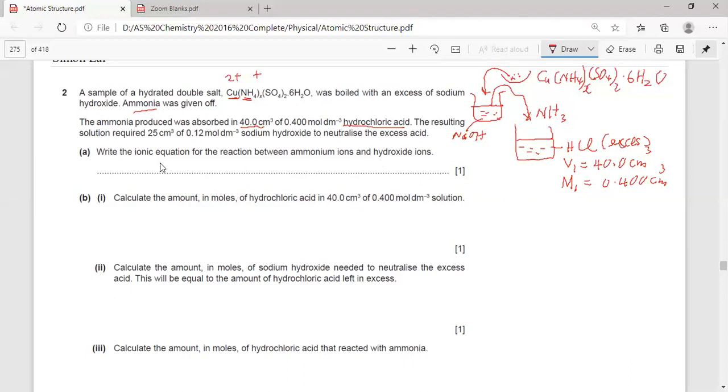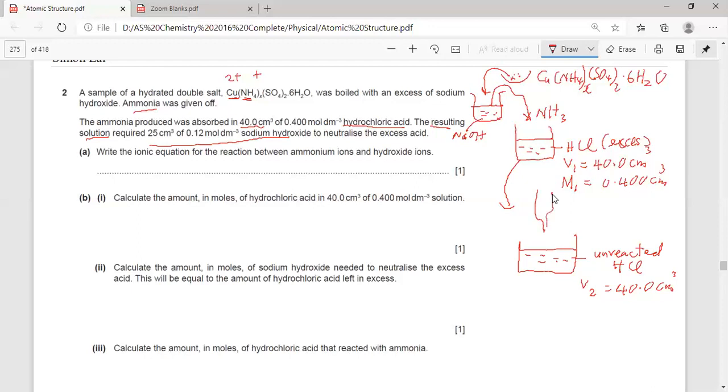The resulting solution, that means the unreacted HCl, requires this amount of NaOH. So here the volume is the same, put V2 as 40.0 cm cube. What do you use to titrate, to find how much is left behind?